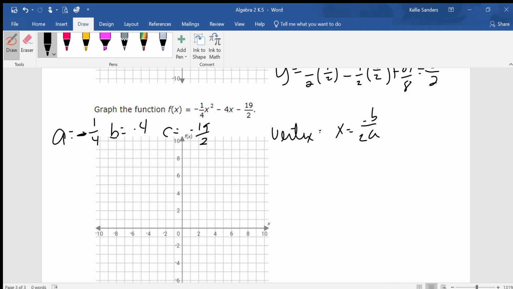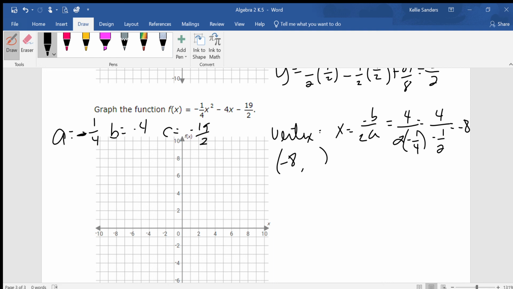So opposite B would be 4 over 2 times negative 1 over 4, which gives negative 8. If you want to know how I did that, ask me. I'll explain better. But I know most of you guys are just going to throw that into the calculator.